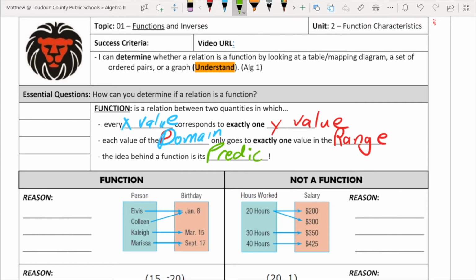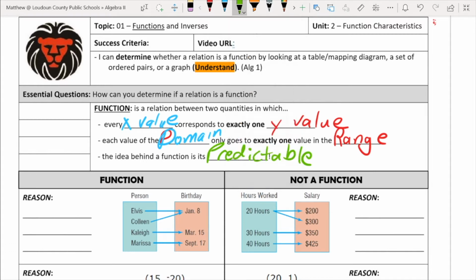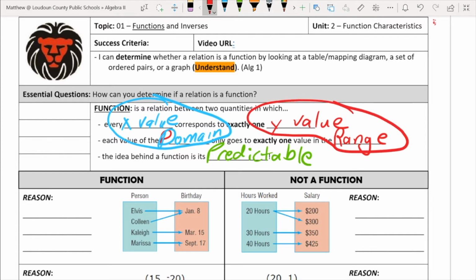We know what's coming next. So remember, x value is domain. When we talk about x value, that's the domain. When we talk about y values, those are our ranges.